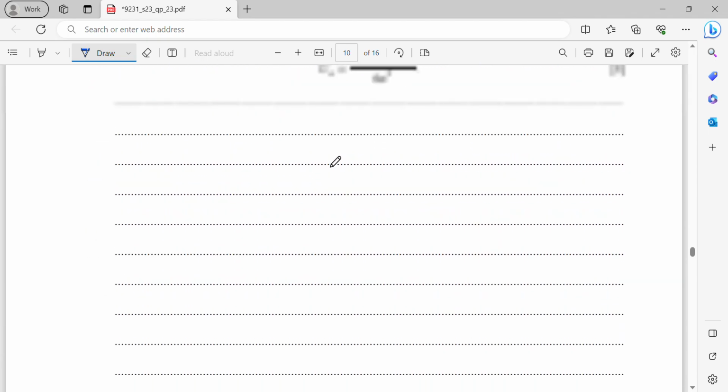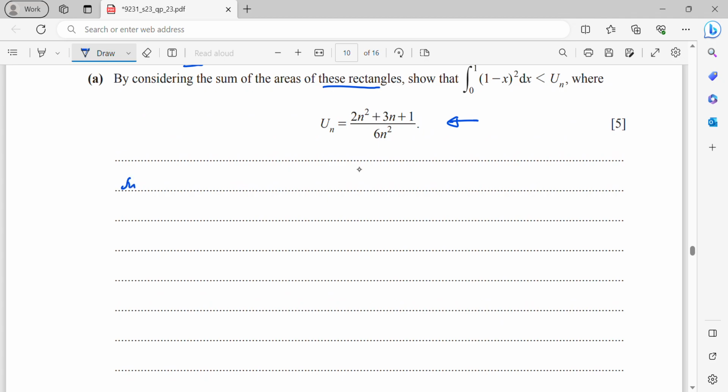So now I will write the sum of areas of rectangles equals 1 over n, the base.